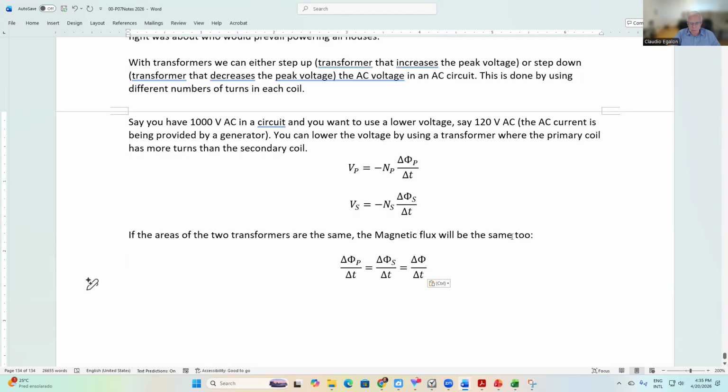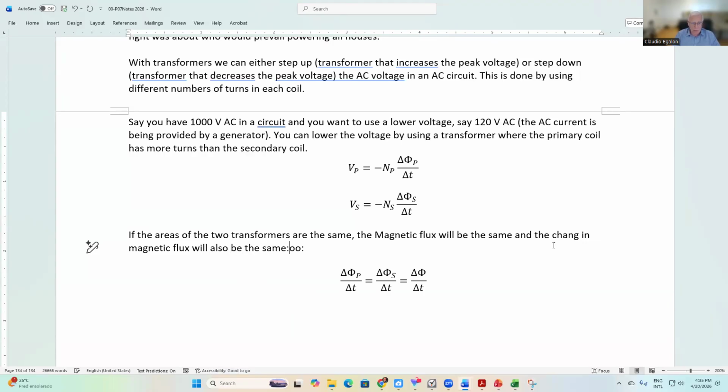So the change in magnetic flux in the primary transformer is equal to the change in magnetic flux in the secondary transformer. I simplify the notation by writing it this way. I substitute this equation that you see there right in here.